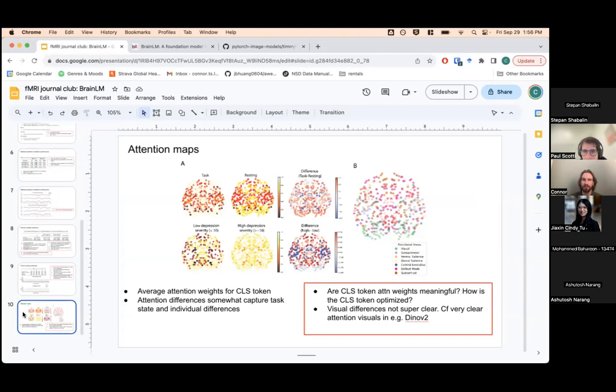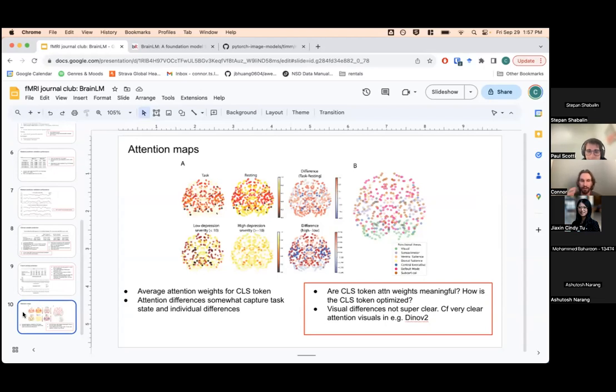As is typical, these sequences are prepended with a class token, a learnable token that is often used to pool information across the entire sequence. When you train a ViT to do ImageNet classification, you usually classify off of the class token representation. So it's just an extra path to usually pool information across the entire network.